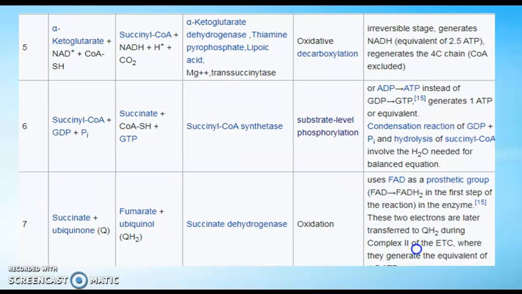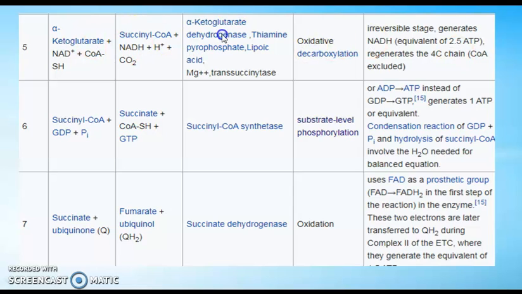Next is the fifth step, that is alpha ketoglutarate, or alpha Kg, with the help of the enzyme alpha Kg dehydrogenase, thiamine pyrophosphate, and lipoic acid. It is a type of reaction called oxidative decarboxylation, which results in the formation of succinyl-CoA.